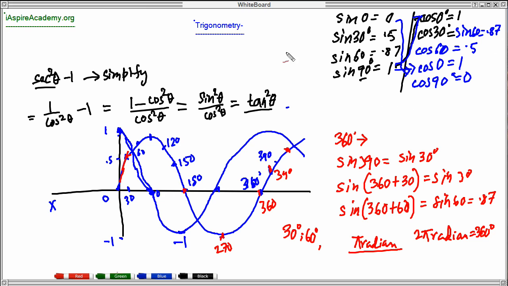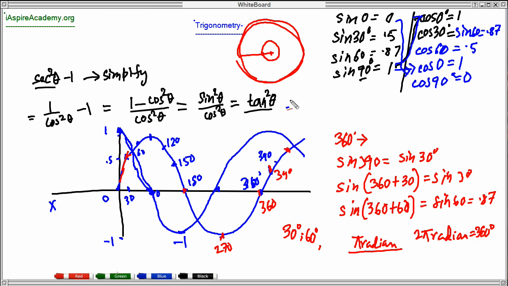This came from the fact that for a circle, the circumference is 2 pi r, as we know, and the angle made at the center is 360 degree.